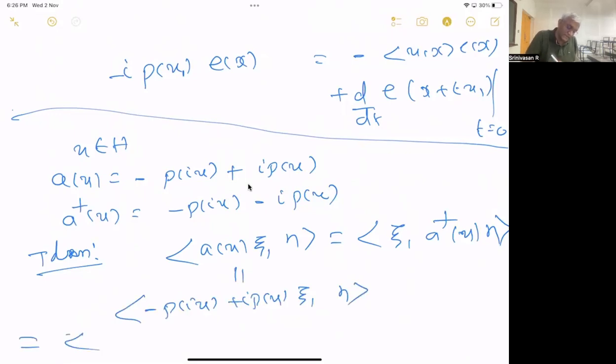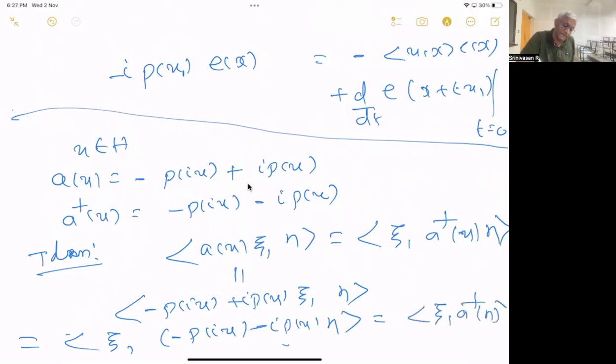You can take it to the other side. P of iu is a self-adjoint operator for iu also. So you can take it out to the other side as <xi, minus P of iu minus i P of u eta>, where the i comes out as a conjugate. So this is exactly equal to <xi, A dagger eta>, whatever we have defined.